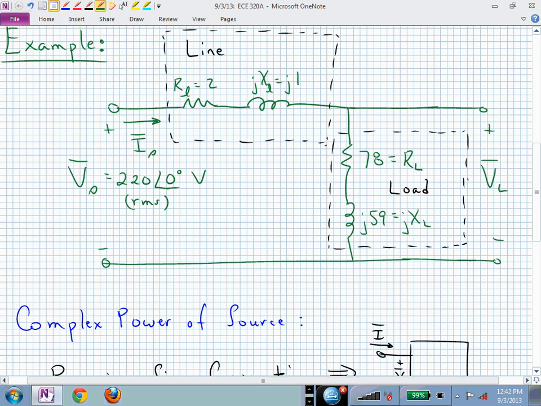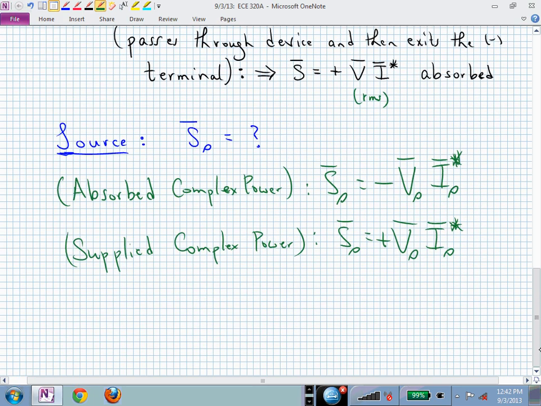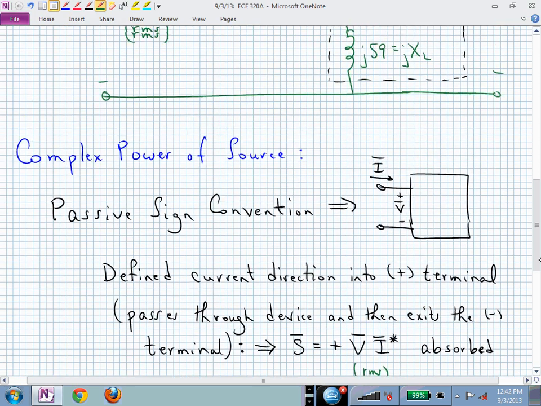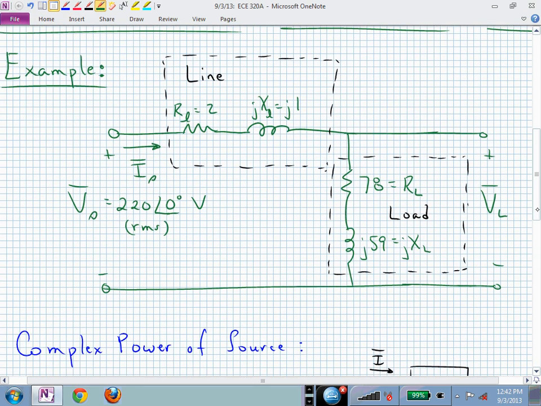All right, so let's look at the power supplied by the source. And to find that, I can find my total impedance, and those just add vectorially but by the real parts and the imaginary parts, keeping track of those two pieces.